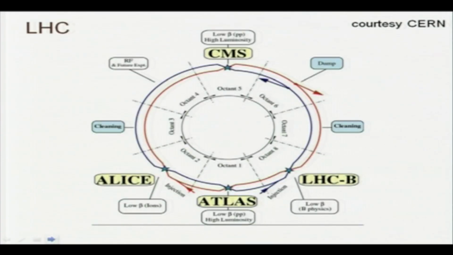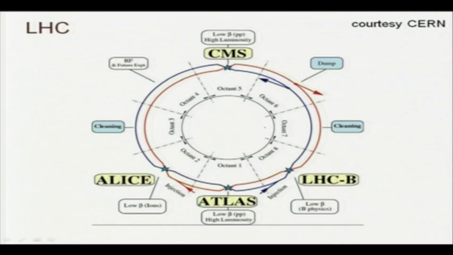When you collide them, you have to make special arrangements so that these two beams are bent towards each other and then collided. Such collisions are made at special points, where you have also made arrangements to detect or understand the products of the collision. There are two major such collision points.